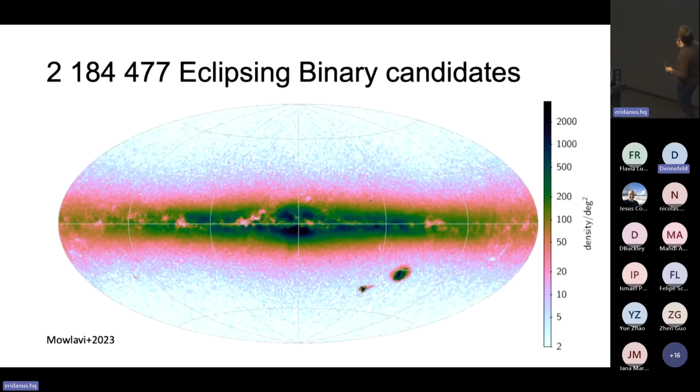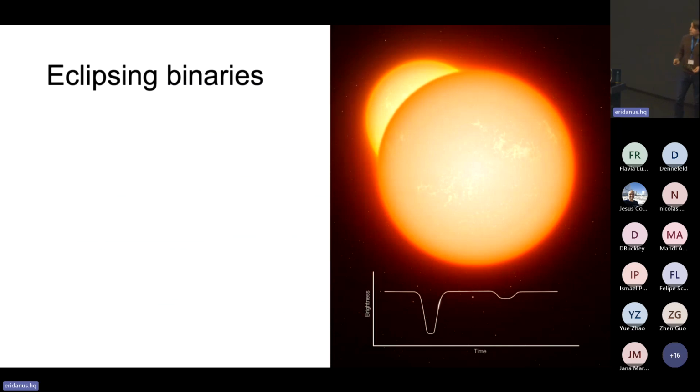So the eclipsing binaries here, 2.2 million from Gaia DR3, they essentially trace just the distribution of stars within that magnitude limit. Eclipsing binaries, of course, would show various types of light curve shapes, and there's a very good study by Andrzej Prsa from 2011 that describes this in detail.